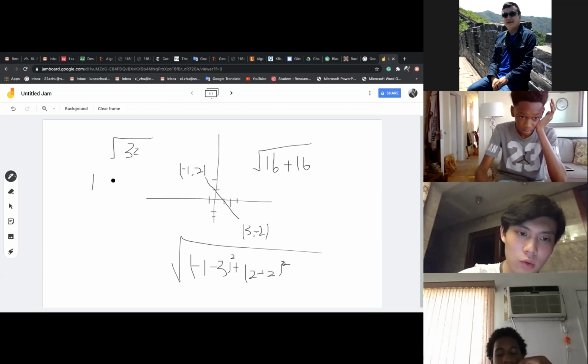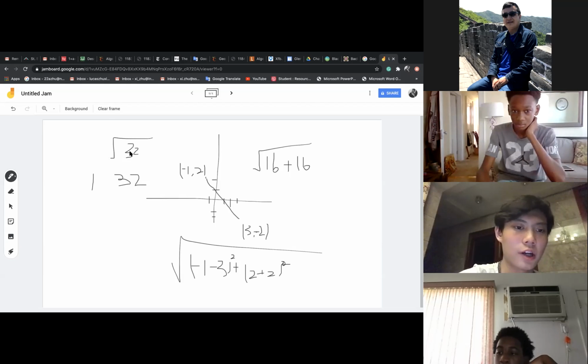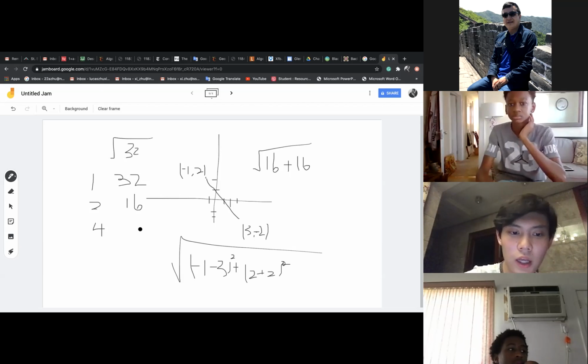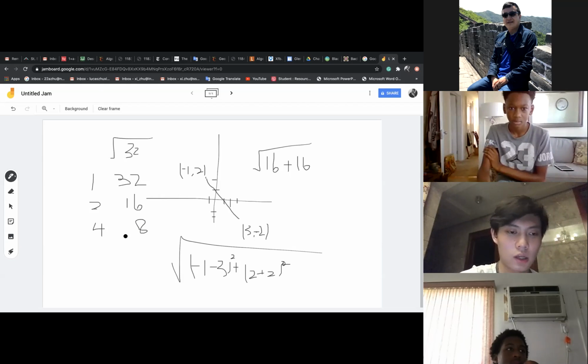First, we know that the first group is 1 times 32, you get 32, right? The second group is 2 times 16, right? And the third group is 4, 8, right? And that's all you can get.